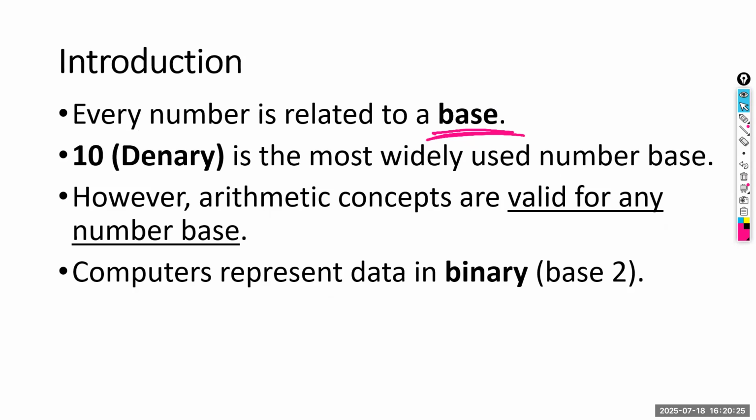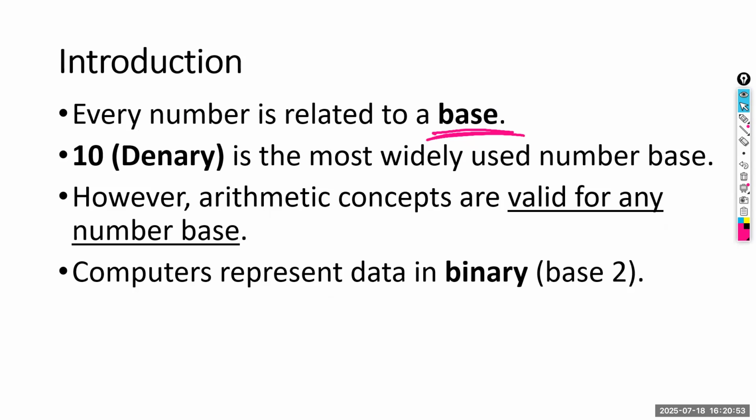For example, computers represent data using base 2. Of course, computers represent data using numbers, but computers use base 2 rather than base 10. Not only base 2, if you want, you can represent any number using base 3, base 4, base 5, base 6. For example, we heavily use octal and hexadecimal in some technical usages.